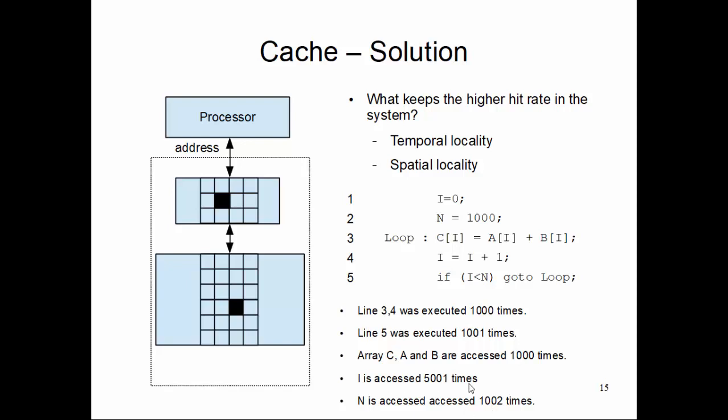And I is accessed almost 5001 times. It depends on how the compiler translated this program, but let's say about 5 times per iteration, 5001 times. This is also temporal locality, and n is also temporal locality.